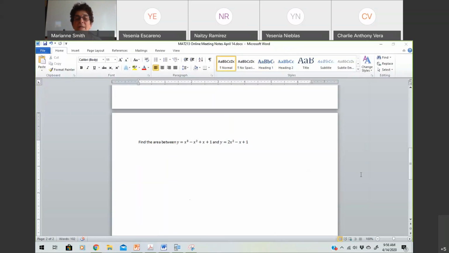I'll also try to put some pictures up here to help. But I won't move off of the screen until everybody has a chance to copy it. So copy these two. You're going to need to graph them to figure out where they cross, as well as which one is above the other.